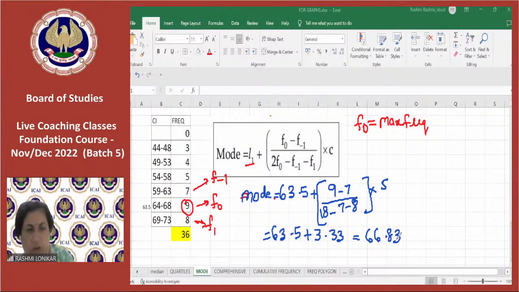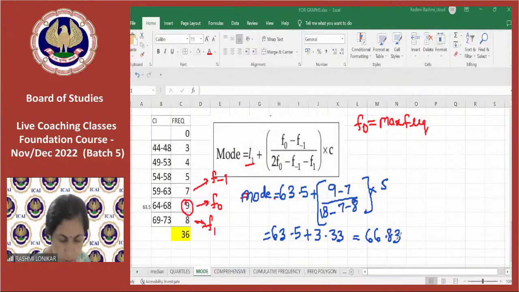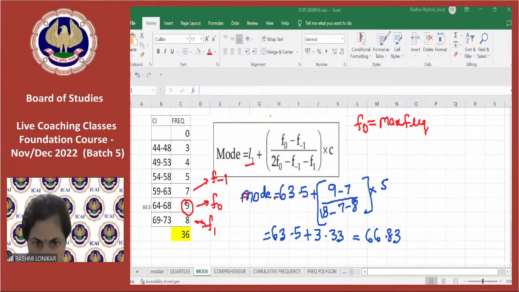So Emma, you want group data for mode? Oh, sorry. Yes, sorry. Thank you for pointing it out.